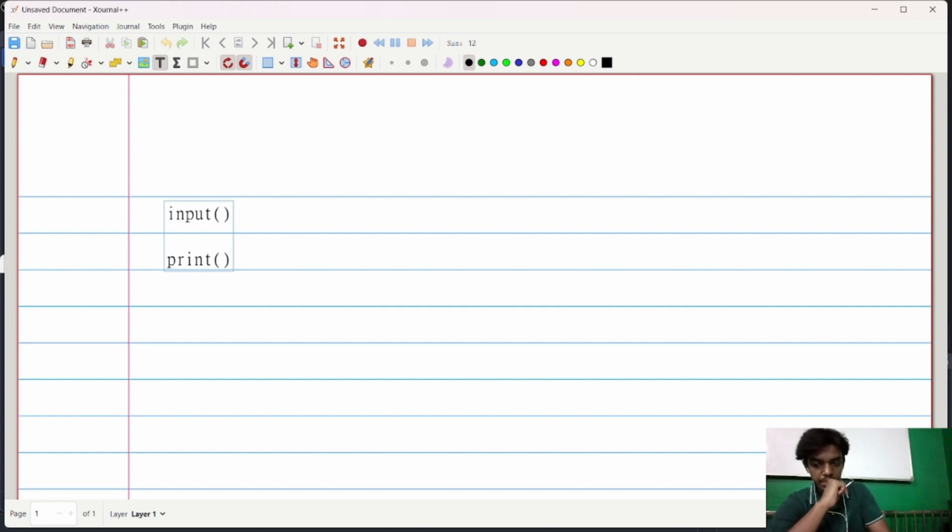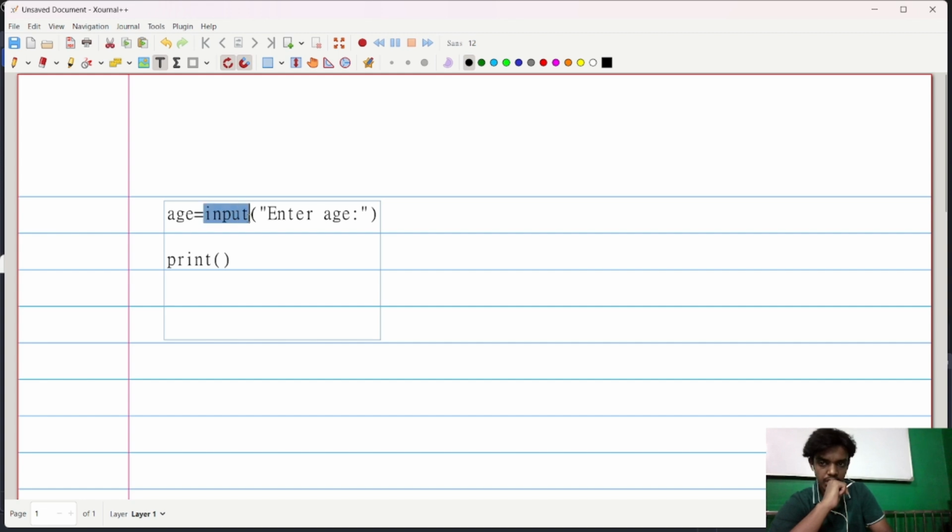So let me ask you something. If I write age equals input, and then put the age, it's a bit simpler. And so what is the data type of age here? It would be string, because we have just taken an input here.